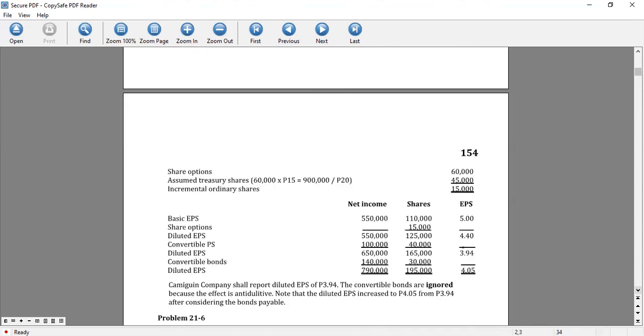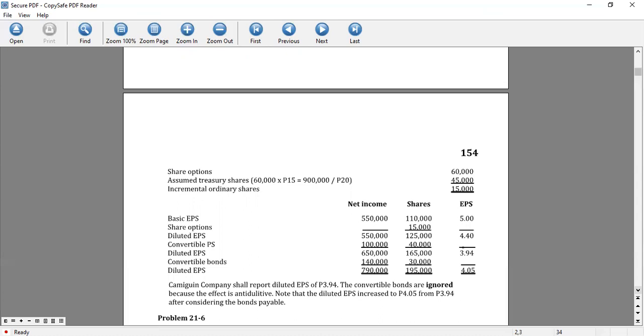For the share options, assume treasury shares of 60,000 times 15, or 900,000. You divide it by 20. That will give the basic EPS: 550,000 divided by 110,000, which ends up with 5 pesos.